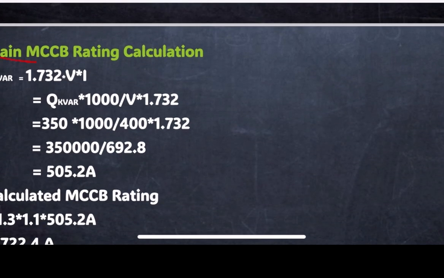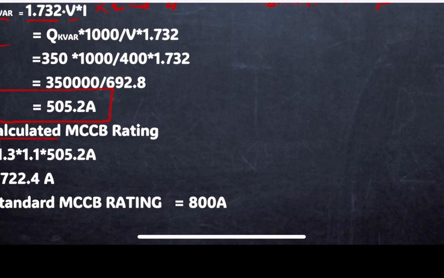We have to calculate the MCB rating for this capacitor. We know Q = root 3 × V × I × sin theta. We consider sin 90, which is equal to 1, so multiplying by 1 does not affect the calculation. Putting in all the values, I is equal to 505.2 ampere. As per the standard, if we are calculating any breaker rating for the capacitor bank, we have to multiply by 1.3 into 1.1, which I already discussed in the capacitor bank series.